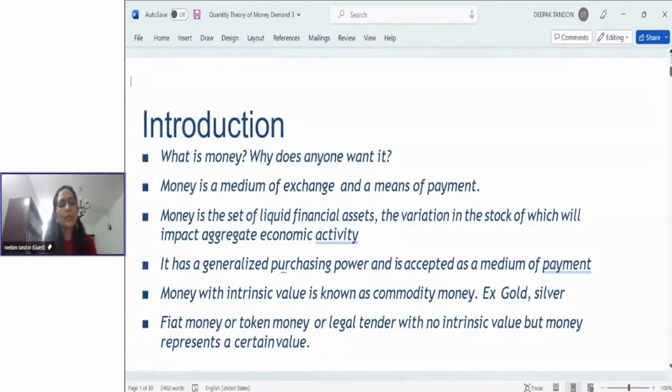Then we shared that money demand can be based on two core parameters: medium of exchange and store of value. Medium of exchange was given by classical economists up to Keynesian economists. Keynes took care of store of value in the precautionary motive. Later, they have spoken about store of value as well as medium of exchange. That is how the transition has happened over time.